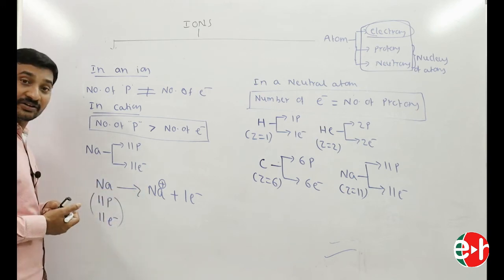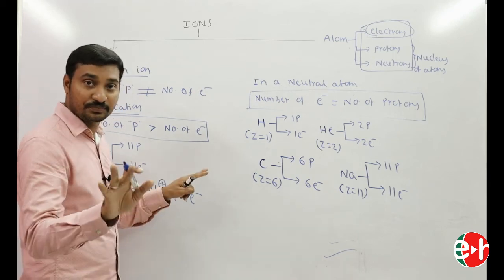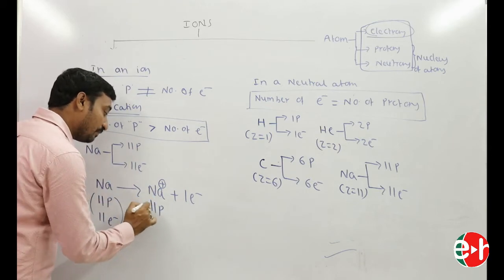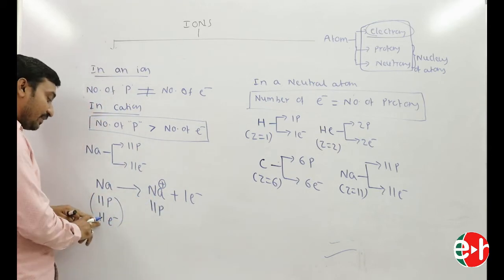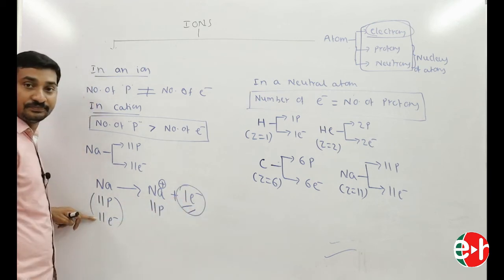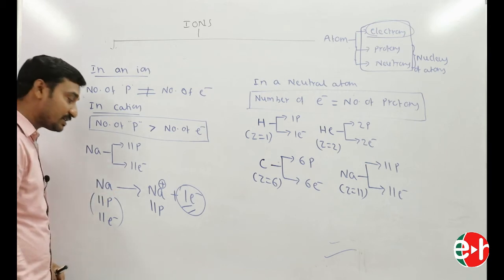But in the cation, protons have no change. There is no loss of protons. So 11 protons. But how many electrons? 11. Already you remove one electron. Remove one electron. Then how many electrons are present in Na plus? 10.